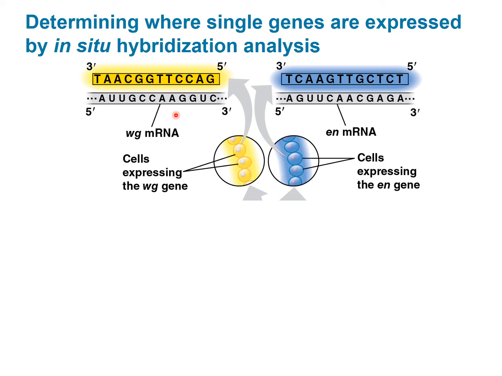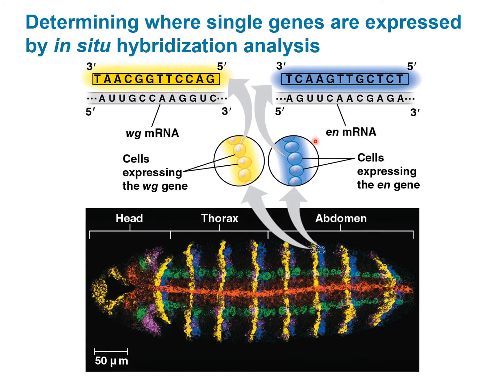And in this case, we're looking at the Drosophila. It's a fly. So this one is labeled with a yellow fluorescent dye, and this one is labeled with a blue fluorescent dye. But you can look at multiple genes so that you have different color fluorescent dyes like orange and red. And then when we look at the product here, we can see where these genes are actually expressed.